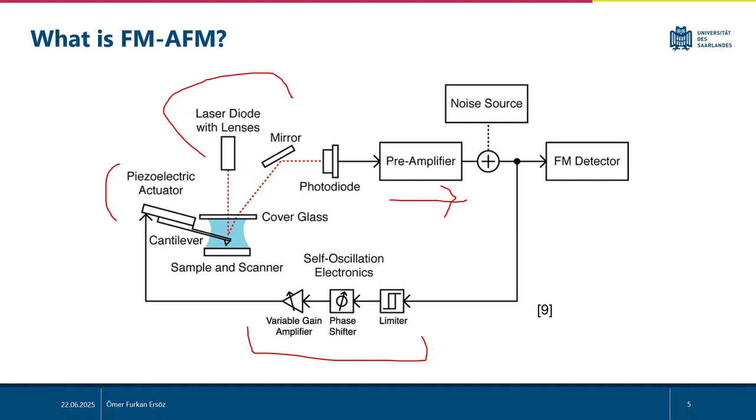An FM detector monitors the frequency shift. A noise source can optionally assist in excitation for stability. Together, this system allows for precise control over tip-sample distance without physical contact.